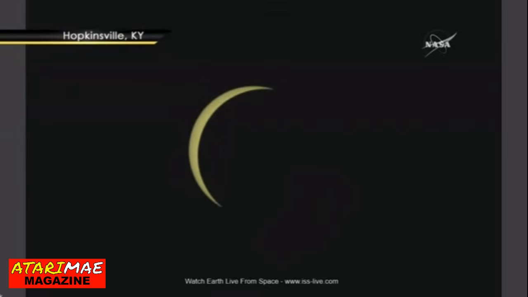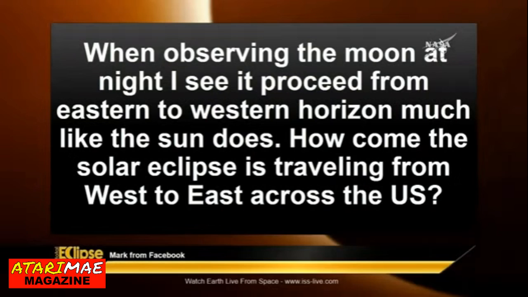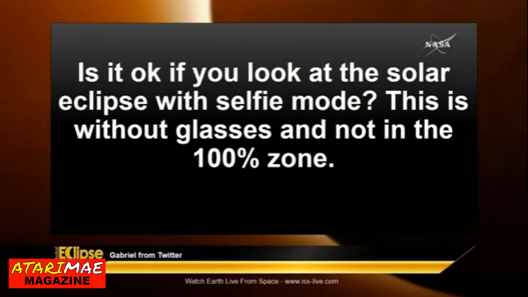Okay. White light. John, you've got to have some cool stuff on social media. This is a good question, guys. Mark from Facebook's asking, and this really applies right now: when observing the moon at night, I see it proceed from the eastern to the western horizon, much like the sun does. How come the solar eclipse is traveling from west to east across the U.S.? Well, when we're looking at the moonrise, that's because of our location on the Earth and the fact that the Earth is rotating from west to east.